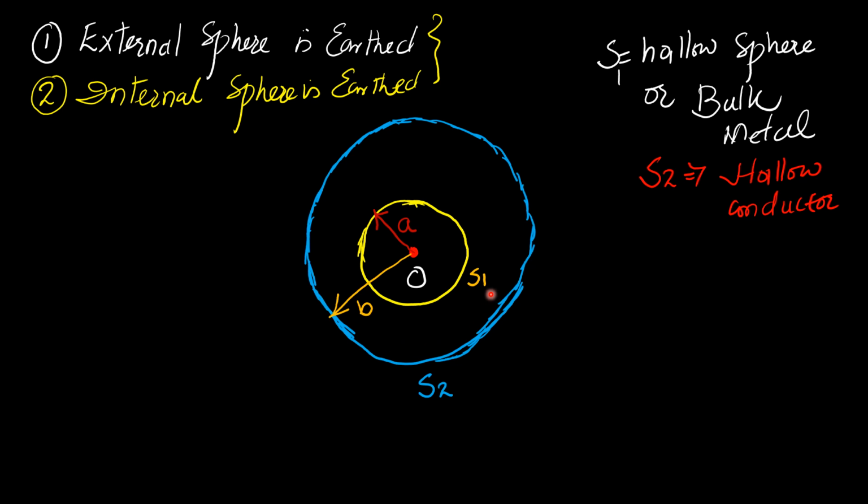So now let us consider both these cases and calculate the capacitance of a spherical capacitor. First, consider that the external sphere is earthed.